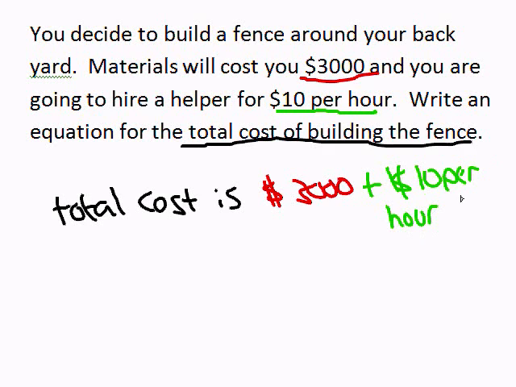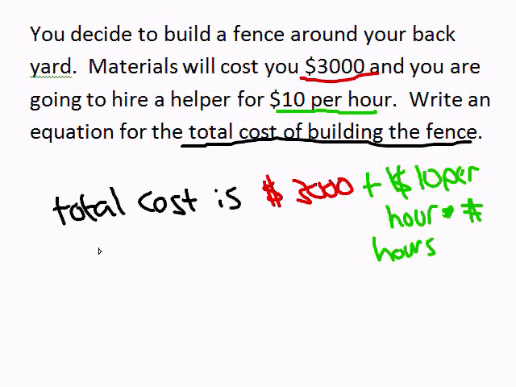But that helper is charging $10 per hour for every single hour, so I need to go $10 per hour times the number of hours the helper works. We could write that out, or just go ahead and know that's what it is.